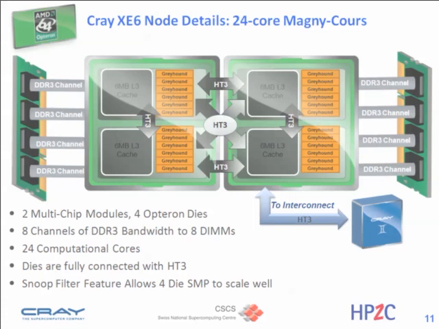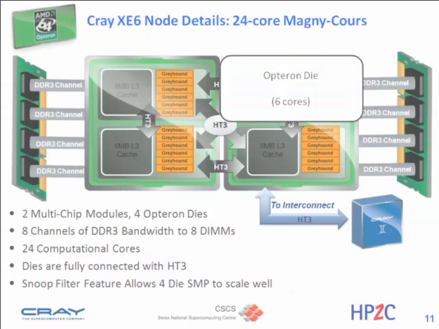This is how a node is composed. You have two sockets. You have the cores. This greyhound here identifies a core. So let's say one socket is composed by two dies, okay? And each die has 6 cores. Then there are HyperTransport channels that make the communication between these cores transparent, and every core can access memory on every channel.